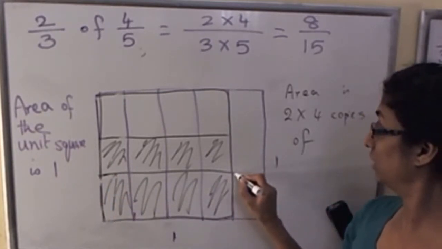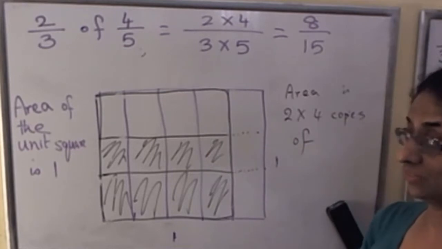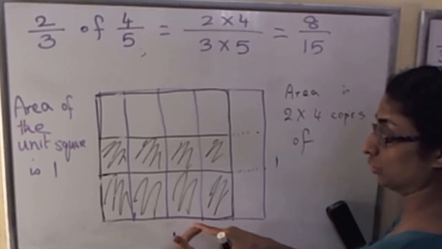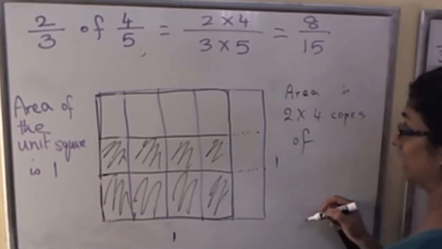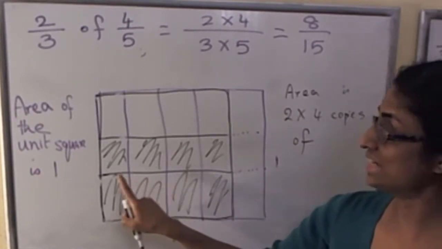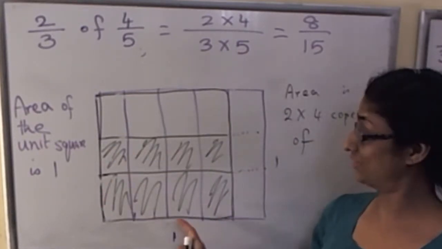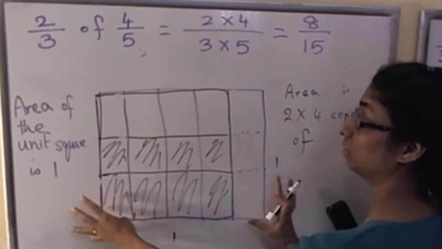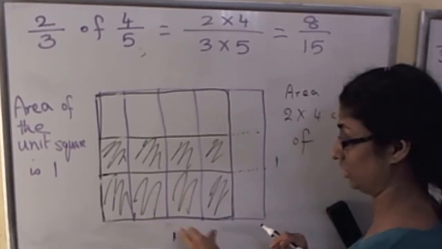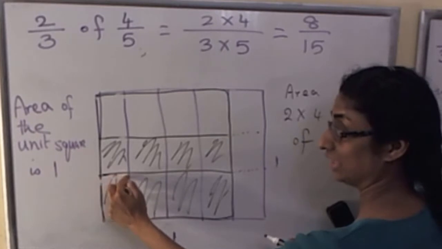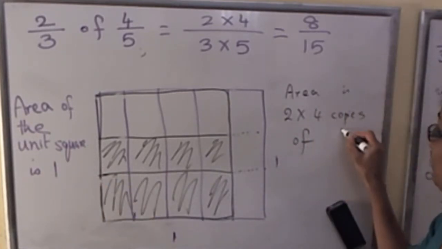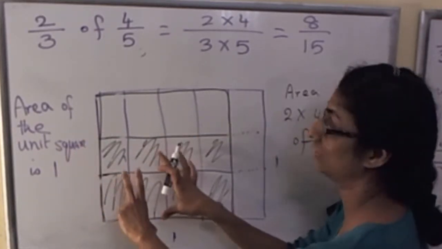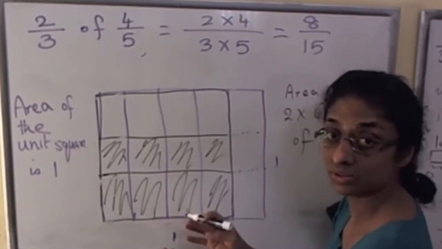Well, if I continue putting a dotted line like this, it's easy to see that the unit square is now divided up into 3 rows of 5 rectangles. That means a total of 3 times 5 rectangles. And as you can see, all the rectangles are congruent and have equal area. And so the area of those 3 times 5 rectangles altogether is 1. So the area of each one of these rectangles must be 1 over 3 times 5, because 15 of them put together give you the whole unit square whose area is 1.